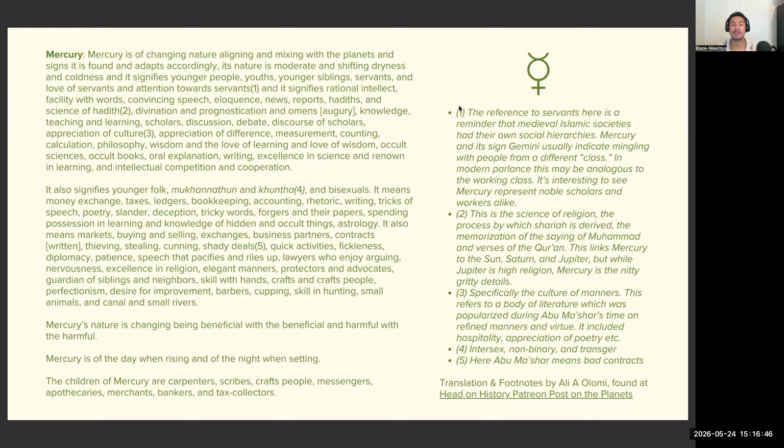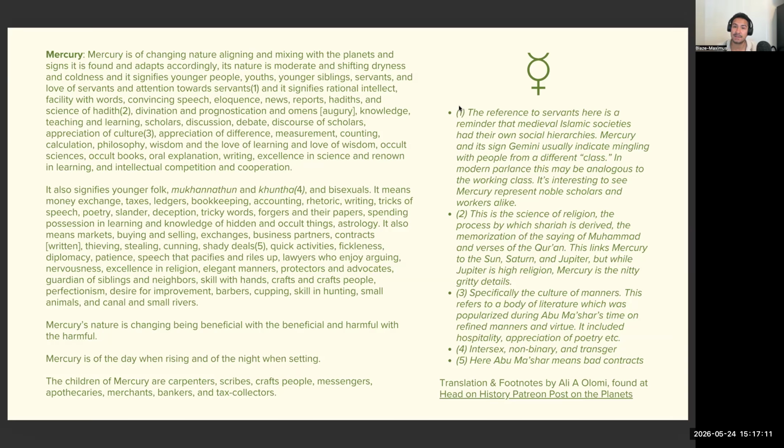It represents skills with hands, crafts and craftspeople, perfectionism, desire for improvement, barbers, cupping, skill in hunting, small animals, and canals and small rivers. And Mercury's nature is changing, being beneficial with the benefics and harmful with the malefics, which we've talked about. And Mercury is of the day when rising and of the night when setting, which we've talked about.